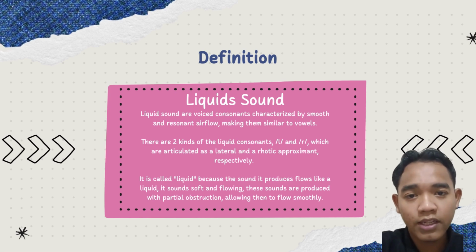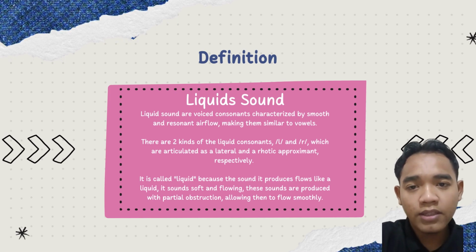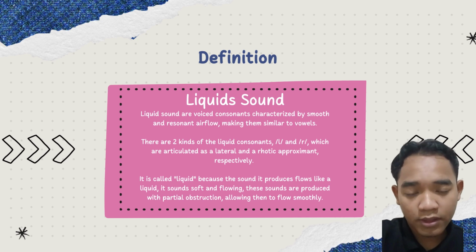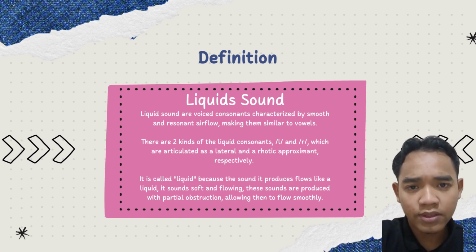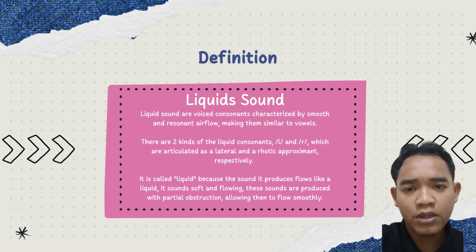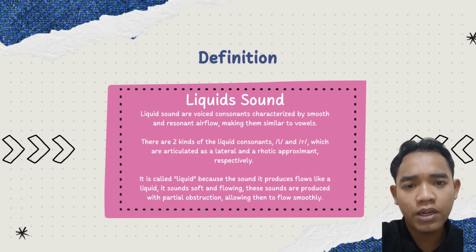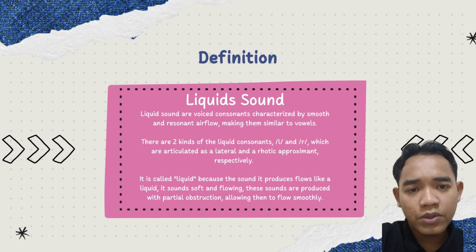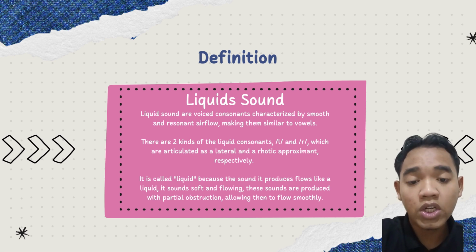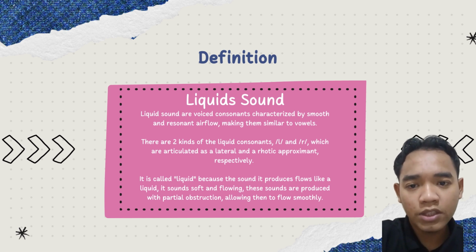Okay, the first slide is about liquid sounds or liquid consonants. Liquid consonants are voiced consonants characterized by smooth and resonant airflow, making them similar to vowels. There are two kinds of liquid consonants, L and R, which are articulated as a lateral and rhotic approximant.